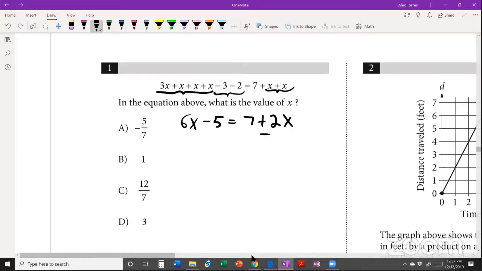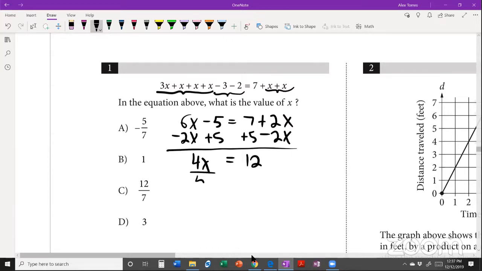Now you can maybe take away 2x from both sides and add 5 to both sides, giving you 12 here and 4x here, divided by 4 on both sides. X equals 3. So the answer to number 1 is D.